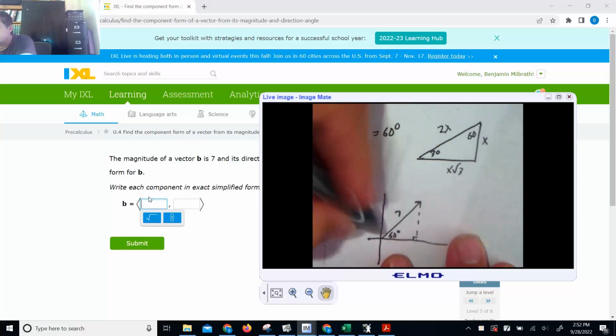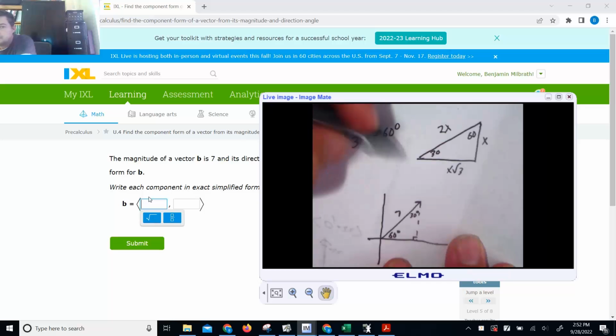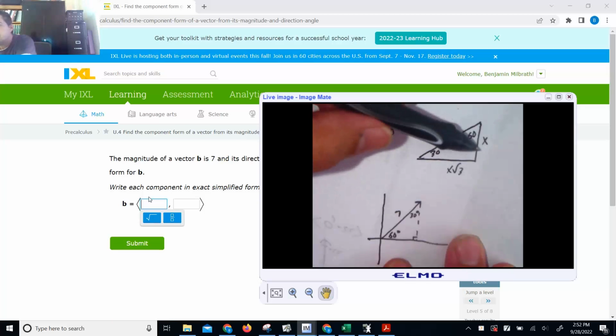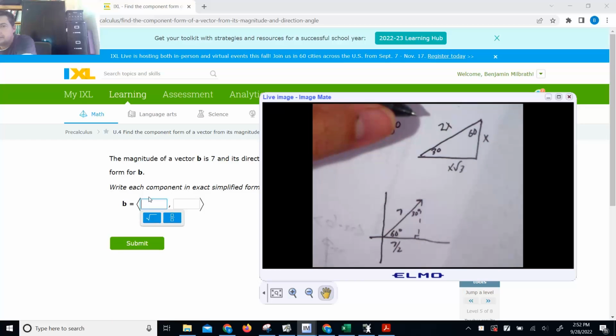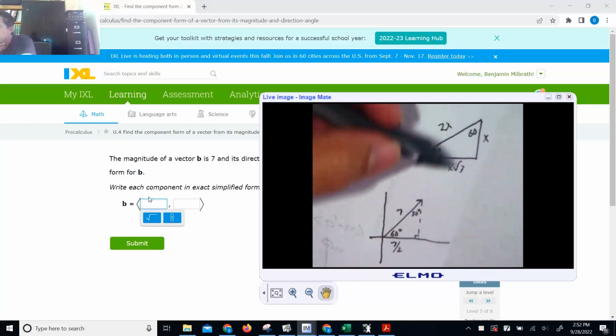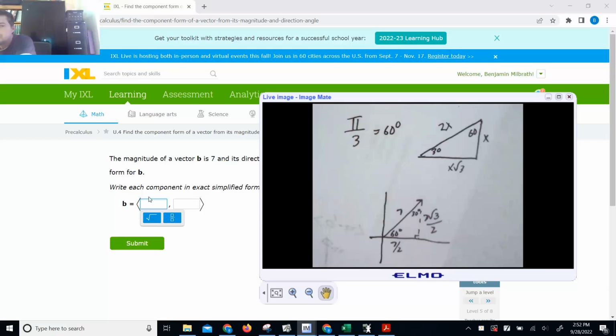So if this is the 60-degree angle, this is the 30-degree angle. All right? To go from the hypotenuse to the side opposite of the 30-degree angle, I cut in half. So that'd be 7 halves or 3.5. To go from the short leg to the long leg, I introduce root 3. So 7 root 3 over 2.